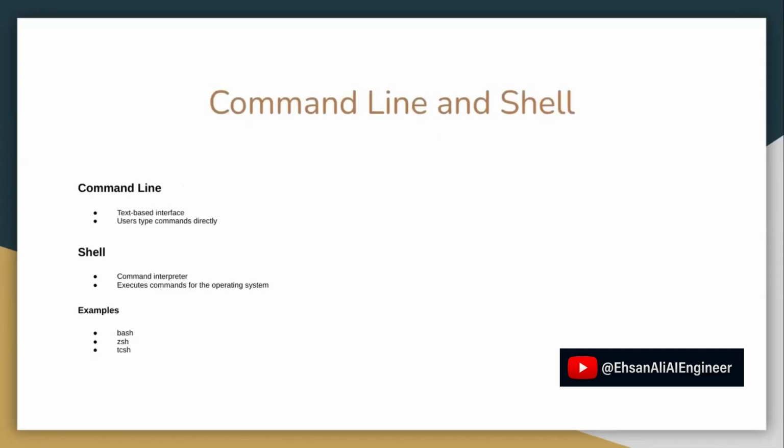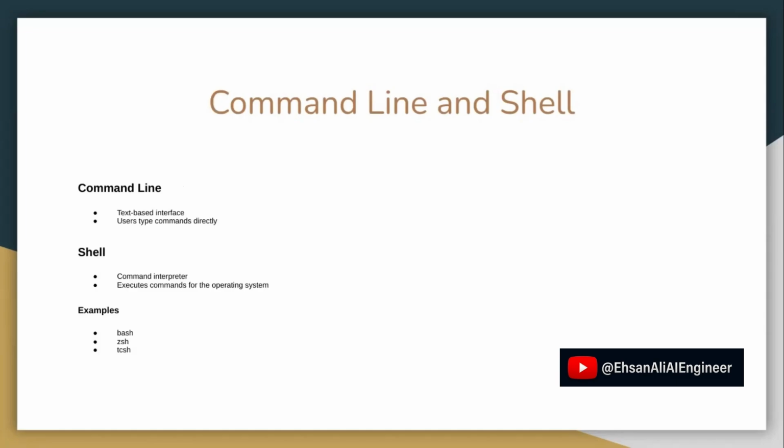Command line and shell. The command line allows users to interact with Linux by typing commands instead of using graphical interfaces. The shell acts as an interpreter between the user and the operating system. It reads commands entered by the user and translates them into actions performed by the operating system.